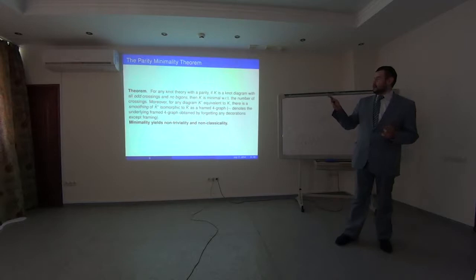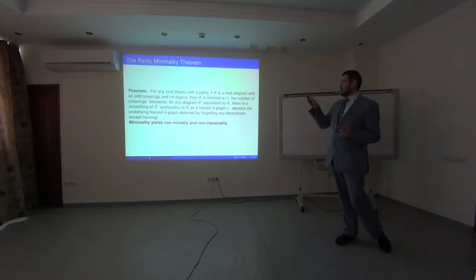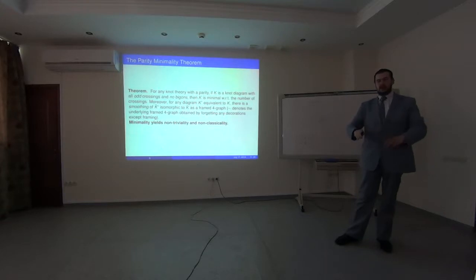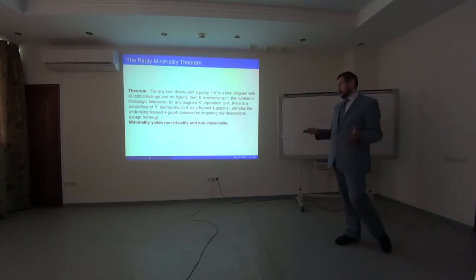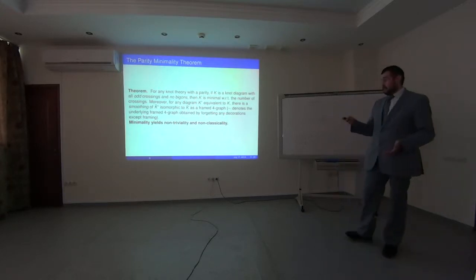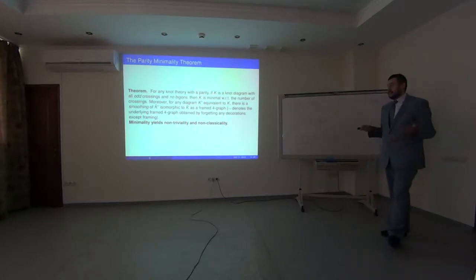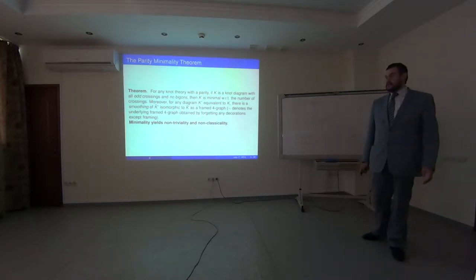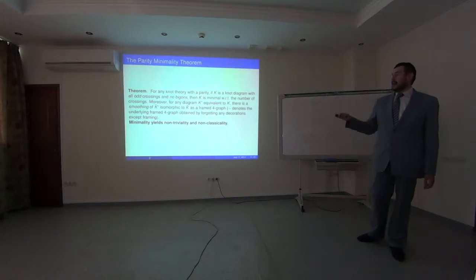Better to say that not just K prime contains K, but the frame of K prime, when we forget about over-under and other bits of information. This minimality yields non-triviality and non-classicality, because in the classical case everything is even. So we have some very easy proofs that many things are minimal, in a very strong sense, so that we can find the initial diagram inside.